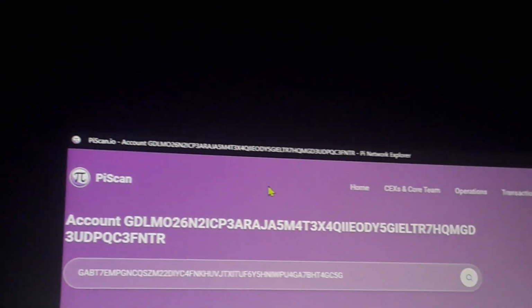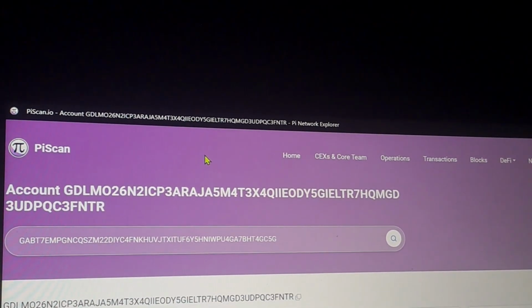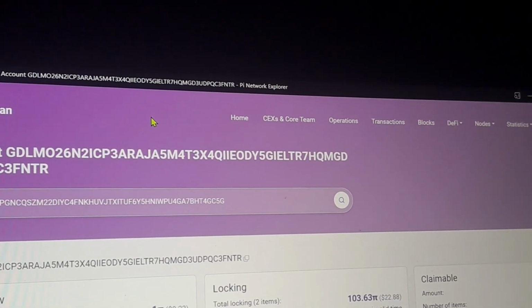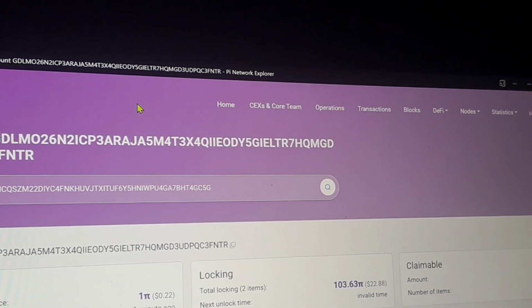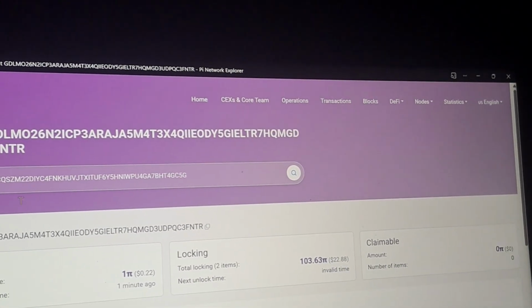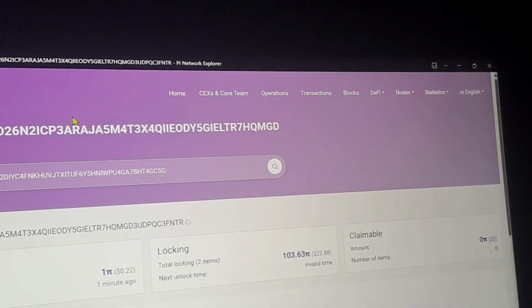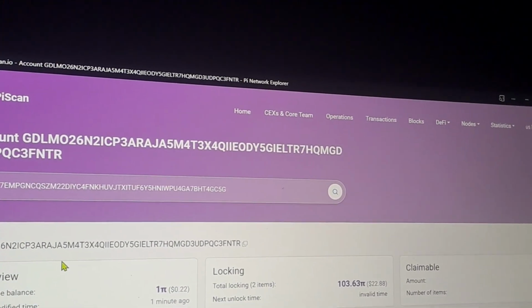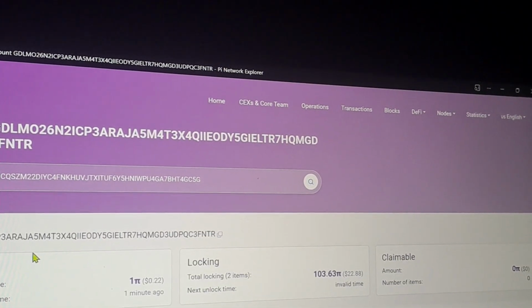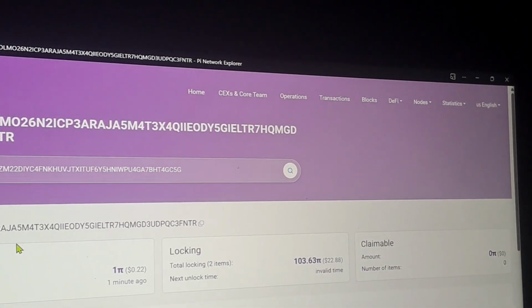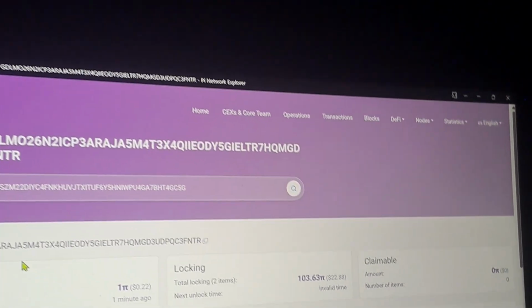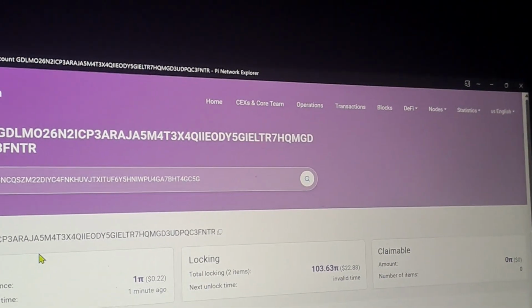So it is called the Pi Scan, and it is available both in a browser, and also you can download it to your phone, whether Android and whatsoever. Like for me, I'm viewing it on my laptop. I've downloaded this extension. By the way, it is not available in Play Store, so download it direct from the browser and it runs. It doesn't require KYC, it doesn't require any form of registration.